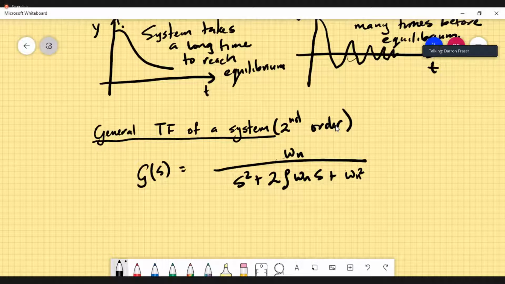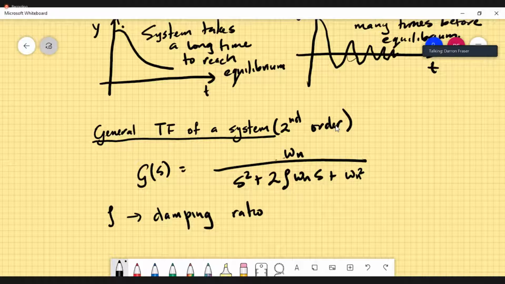Now, zeta is the damping ratio. It's called the damping ratio. The damping ratio just tells you how much friction or how much opposition to the motion the system has. So picture a child on a swing, and then picture that you could have that child on the swing underwater.